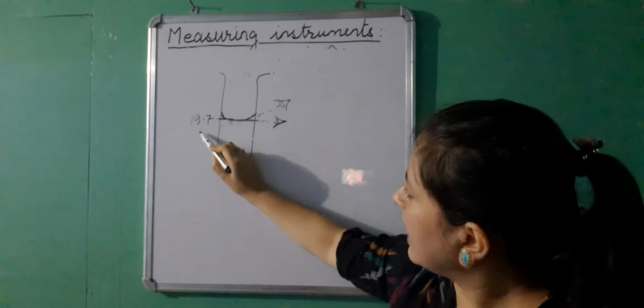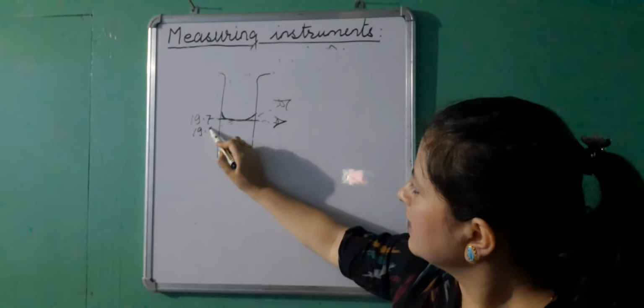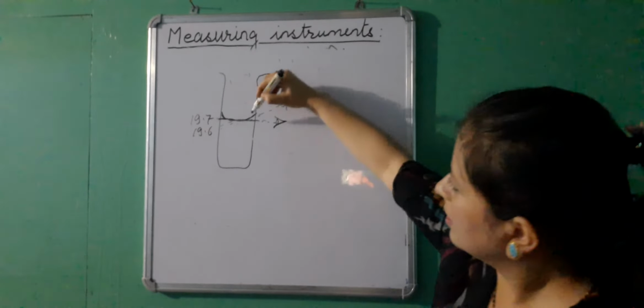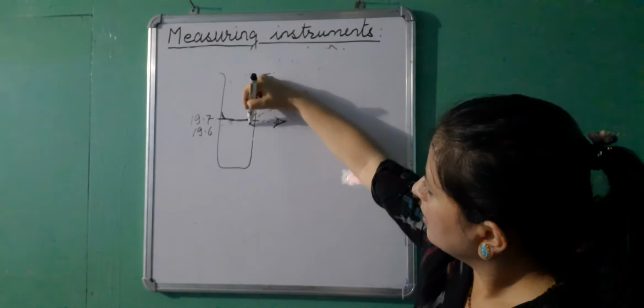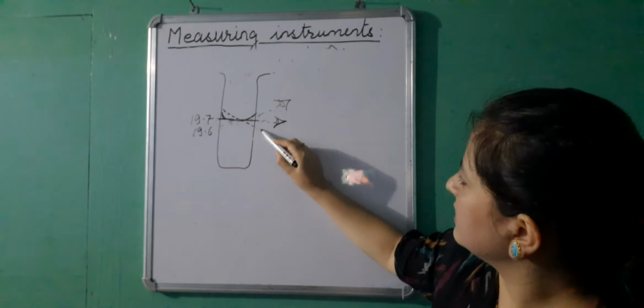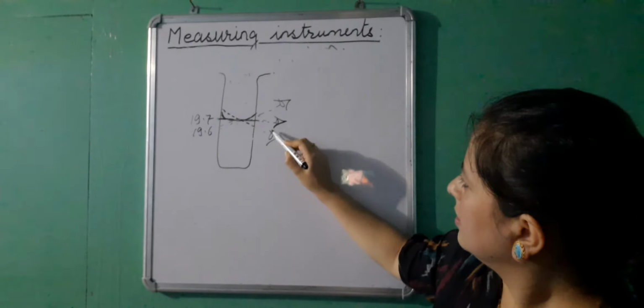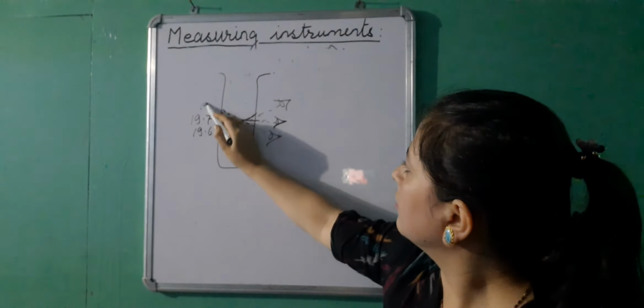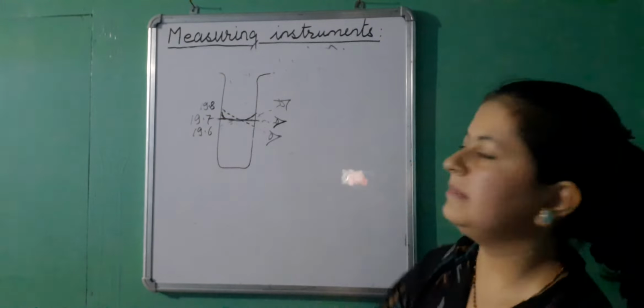He will see it as a lower value, that is 19.6 milliliter. Or another person may place his eyes here, and he sees that the volume is 19.8 milliliter.